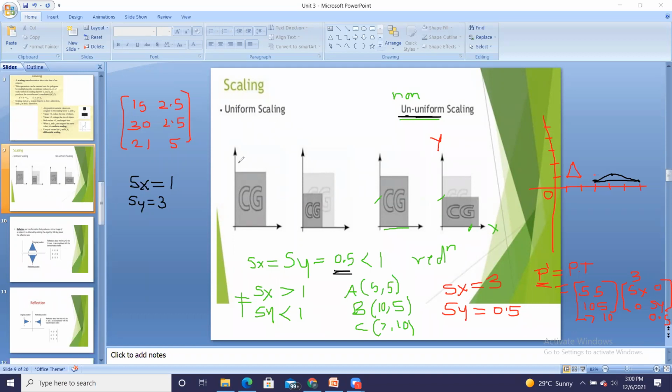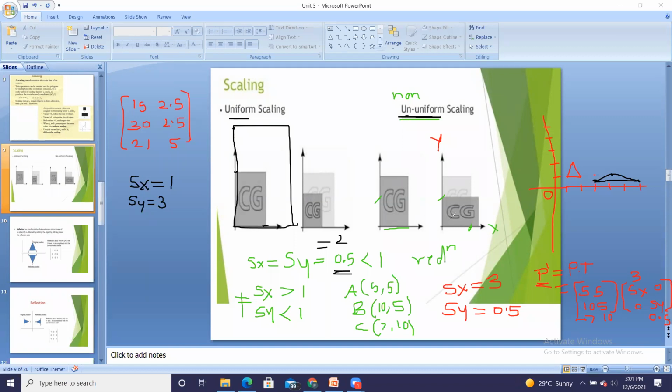Or if I want to double the size of this object, so original size is this, height is also double, and width is also double. So this will be your resultant object. So the original object is multiplied by 2. At that time, Sx and Sy value will be equal to 2, double. Both are the same, and that's why we are calling it a uniform scaling. So no matter whether it is compression or expansion, if Sx and Sy are matching, then it is called uniform scaling.